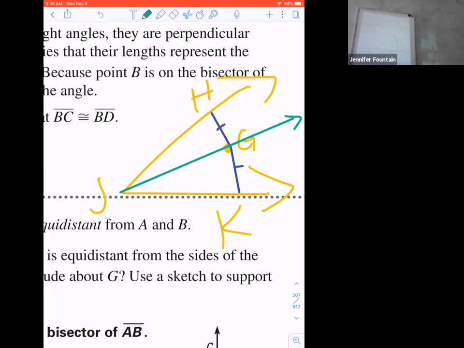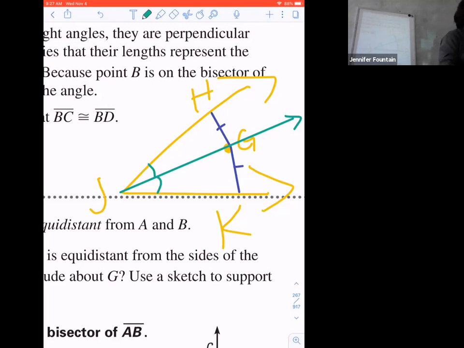There's kind of like an invisible line. Exactly. Yes. So you're having to see something that's not there. That, to me, is the hardest part about geometry, you're having to see things that they are not explicitly telling you. But I can tell that point G is going to be on the bisector of this angle right here. Therefore, these two angles are congruent. Does that help?